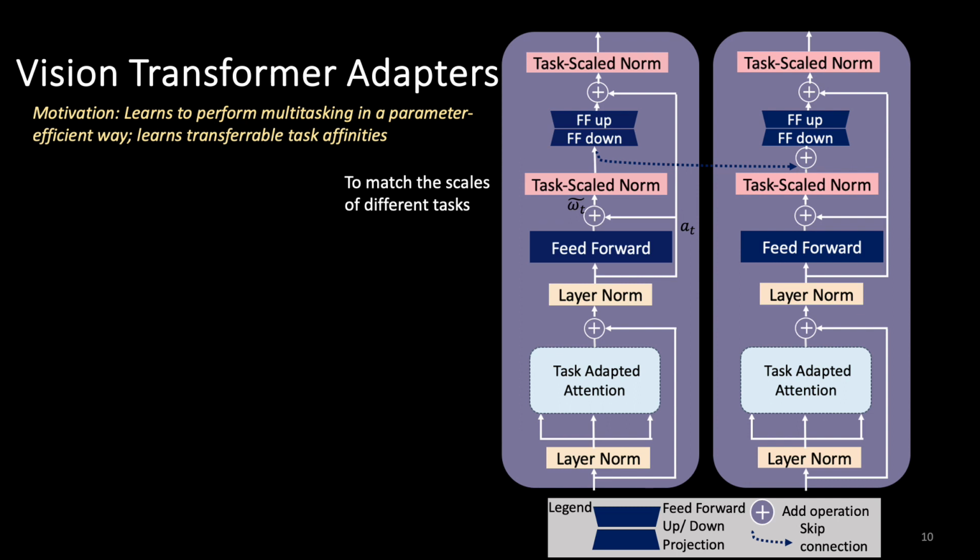This task-scaled normalization matches the scales of the different tasks, which are known to be different in multitask literature. Finally, we use a bottleneck with a feed-forward down, non-linearity, and feed-forward up projection, reducing the number of parameters significantly. For the subsequent layers, we use a skip connection to allow the task-specific information to flow from preceding to succeeding layers.